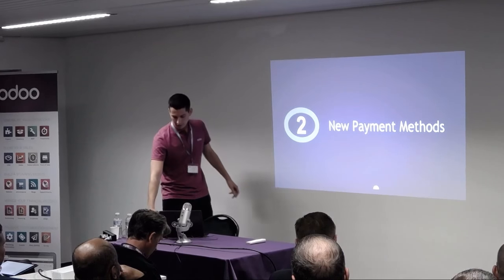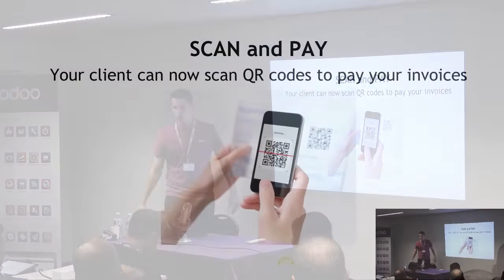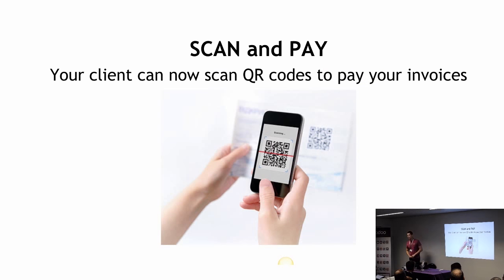Therefore we added the QR code that is generated on the invoice. The only thing your customer has to do when he gets his invoice is to take out his mobile phone or his device, scan the QR code, and then all information will be in it, and he just has to confirm it. You will receive the payment more quickly, and the customer doesn't have to deal with the paperwork afterwards.